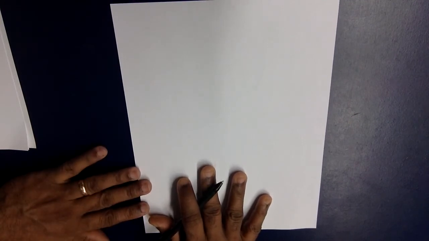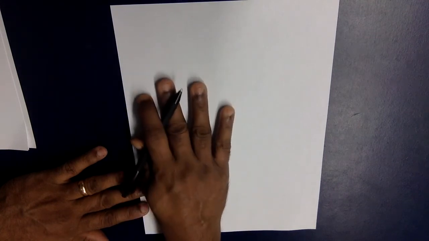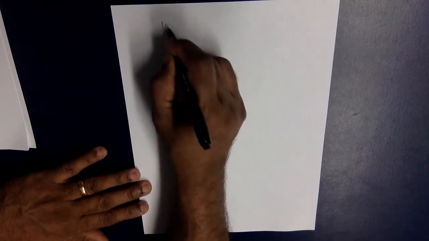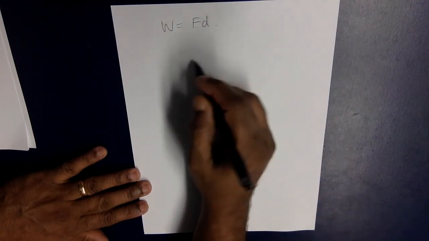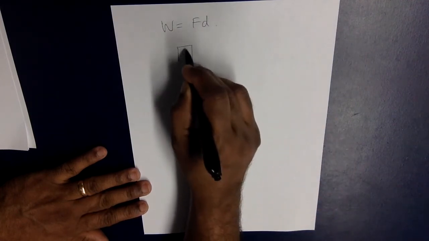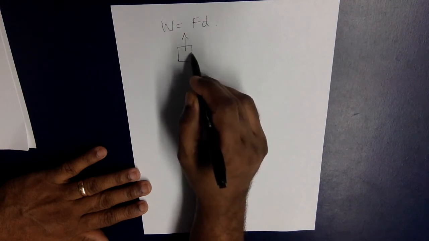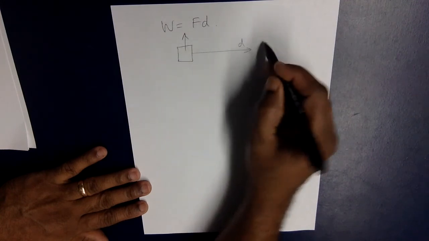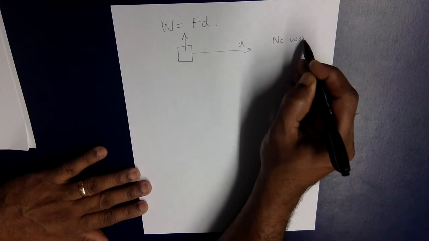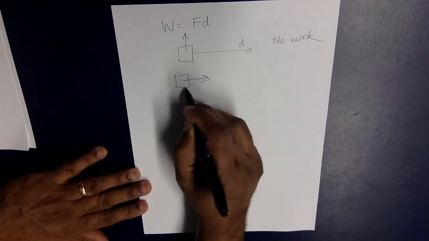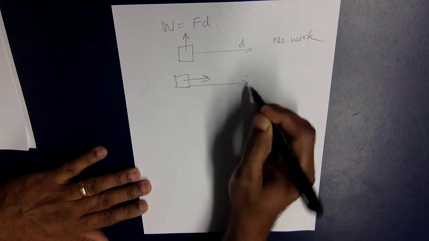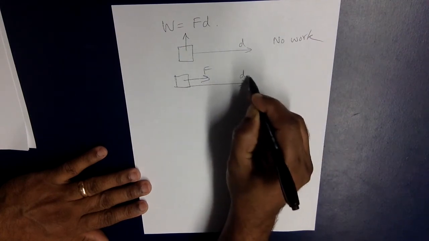The other thing is work. So work is force times displacement. I told you this, that when you apply a force in the vertical direction and then drag it sideways, no work is done. But when you apply a force in that direction and then drag it in the same direction, then work is done.